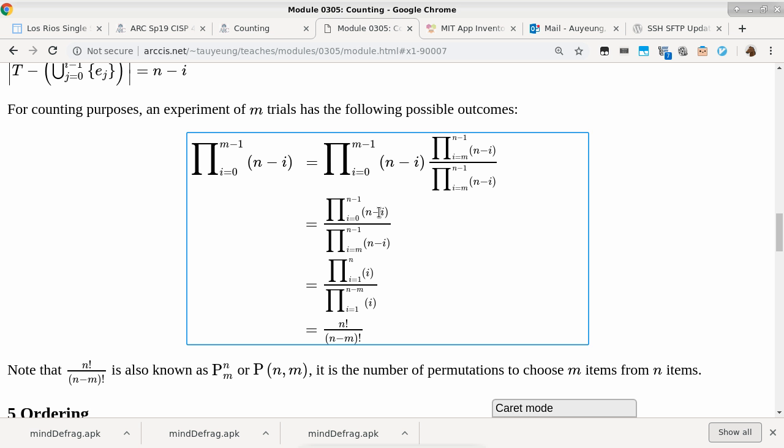I can see some people are not connecting why that is the case, how we got from the first line to the second line. On the first line, we have this pi with I going from 0 to m minus 1, and then we have this pi where I goes from m to n minus 1, and n is greater than m. Do you see how this is the continuation of that?